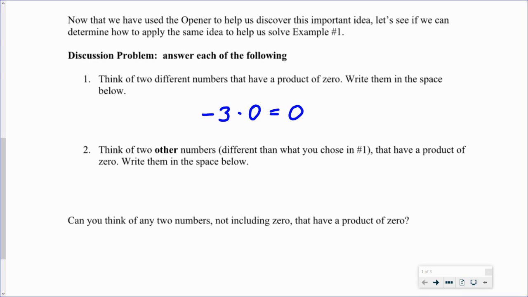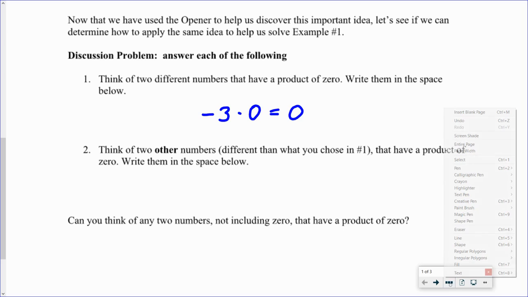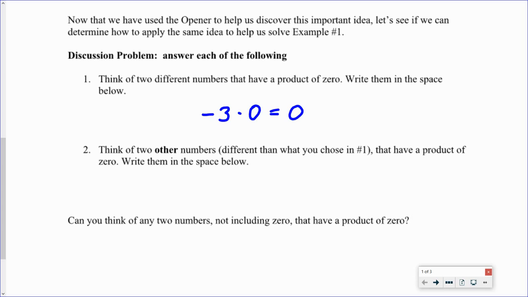Number 2 says think of two other numbers, again, different than what you chose in number 1, that have a product of 0 and write them in the space below. So I'm going to pick another number. My lucky number is 22, so we'll pick that. And again, I'm trying to multiply 22 times a number to get 0, and that also has to be 0. The last question asks, can you think of any two numbers not including 0 that have a product of 0?